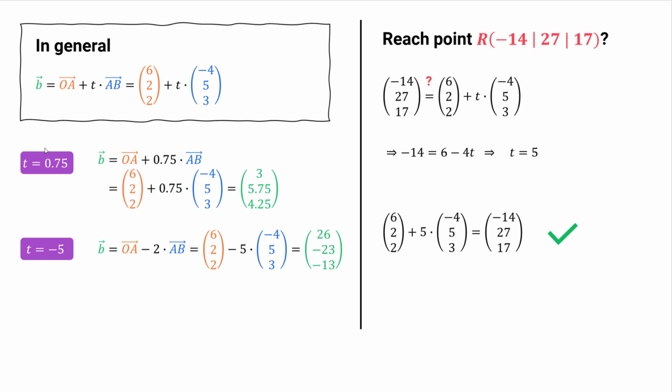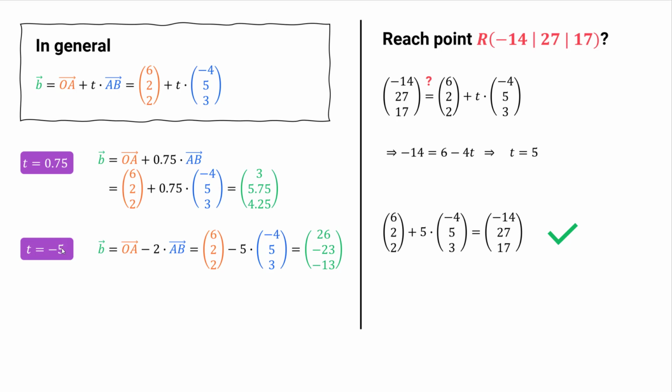So if you want to know, for instance, at what position the laser will be at the time 0.75 seconds, then all we have to do is to plug in this value 0.75 into the equation, and we get the position of the laser at that time. We can also go back in time as before.